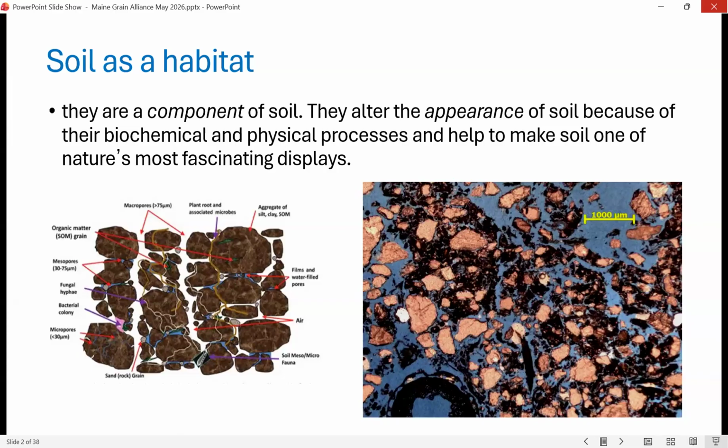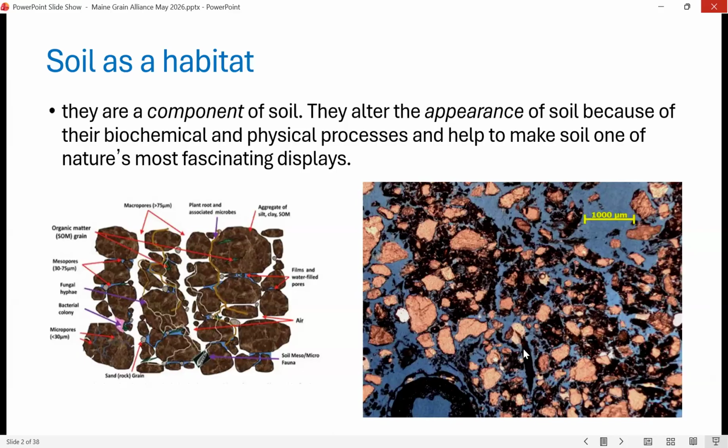And the network of the paths really determines how well they can disperse through this matrix. So on the left, you can see a number of soil organisms illustrated with the threads of hyphae, and we can also see there's water in here and air balance as well. And then there are some microscopic animals that are residing in there.